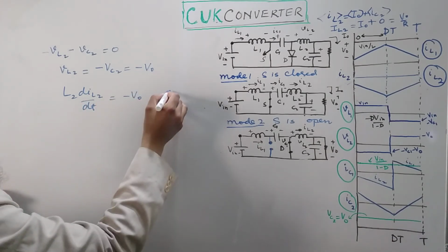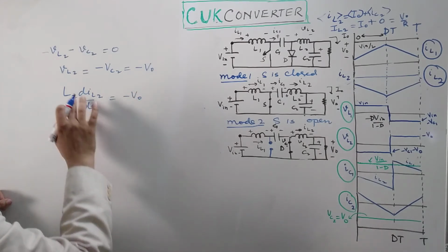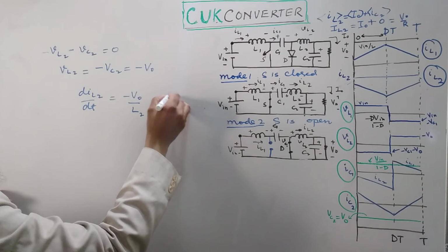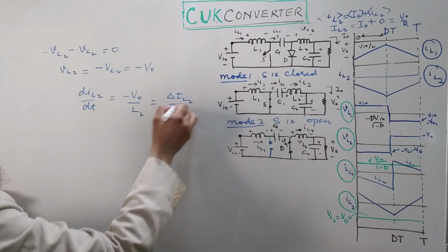If I take L2 on the left side, this is also equal to delta IL2 upon the time duration.